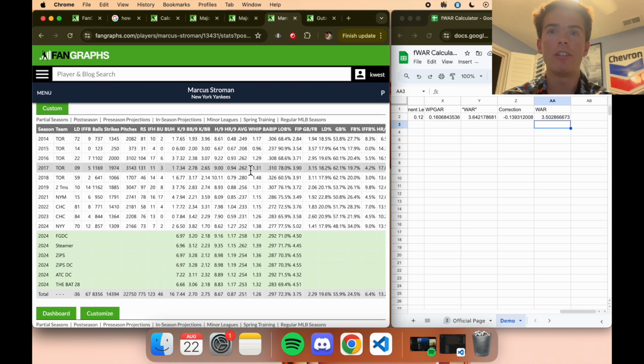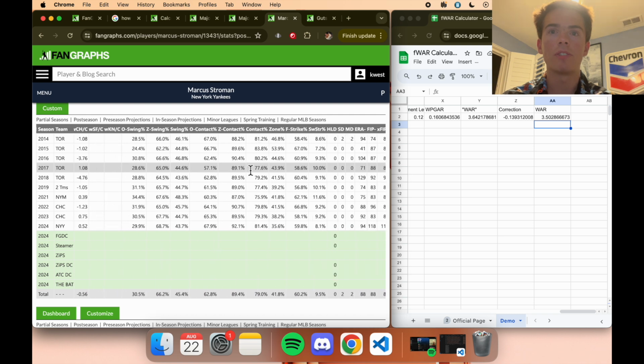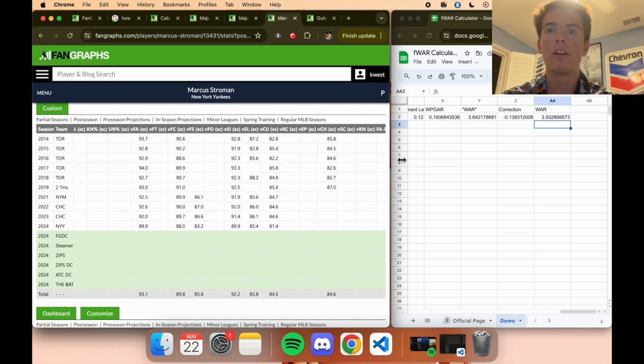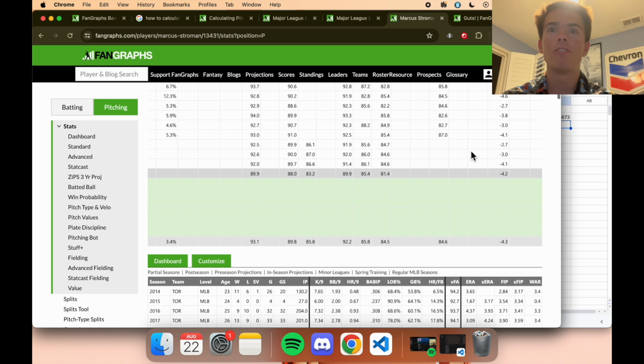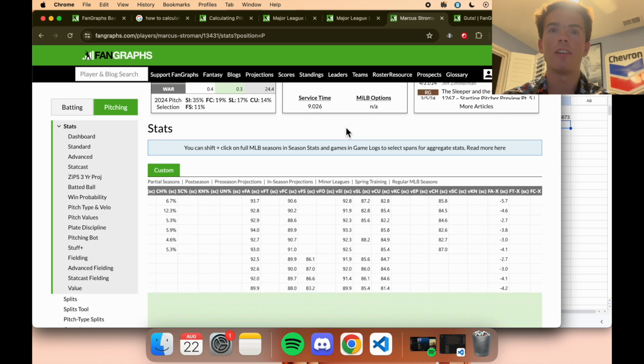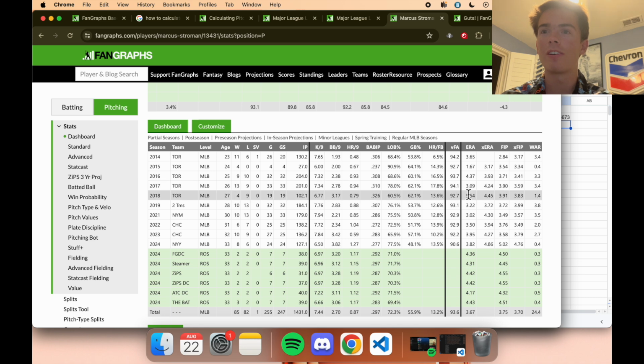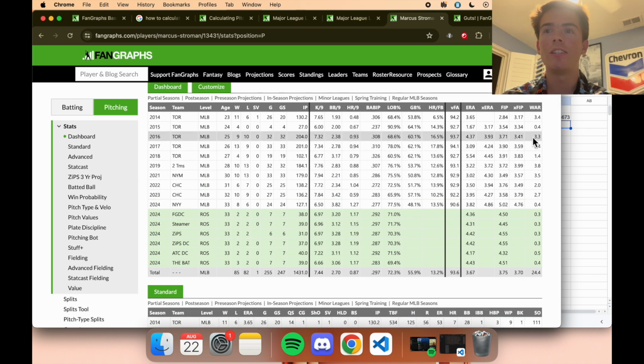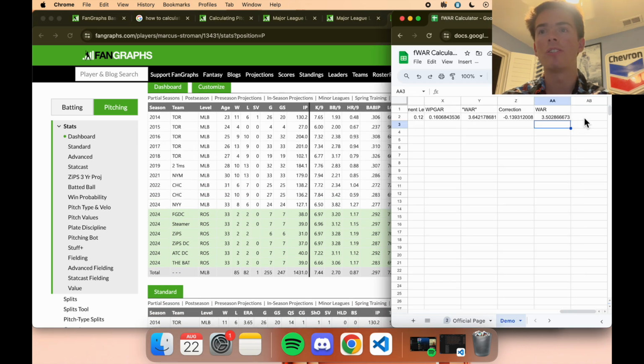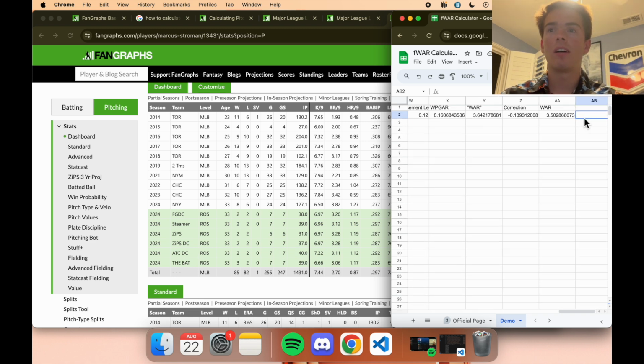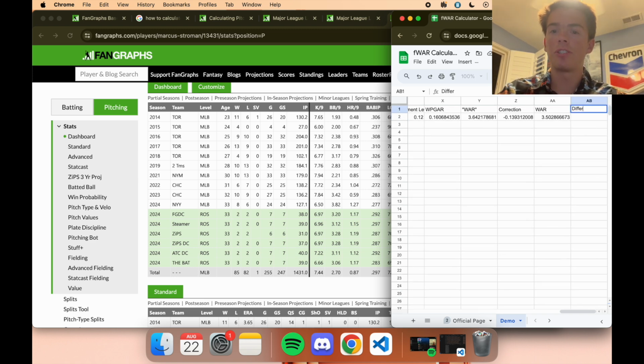Fangraphs is given as, why do I have to scroll so far? What is going on? It's formatted very weird when you're not in this normal kind of thing. In 2016, his WAR is 3.3. So let's just say difference equals the absolute value of 3.3 minus our value of WAR, and that's 0.2.